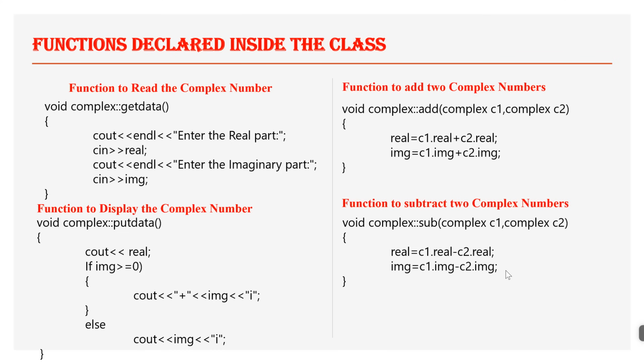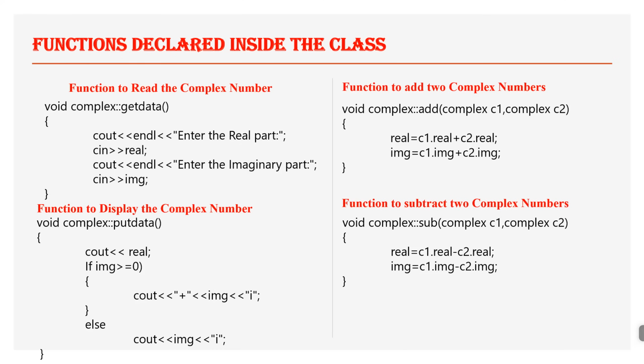So in this slide we have seen the four functions of the class. What are the four functions? Get data, to read the values of the complex number, and display, to display the complex number.